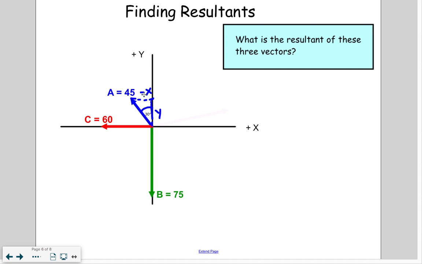And so therefore I'm going to go ahead and solve these using sine and cosine. Remember the hypotenuse, whatever the vector is given as, that's always going to be written on the hypotenuse. I'm going to use the shortcut or shorthand method for this one. So I'm going to say that the x component for the blue is going to be negative, hypotenuse, which is 45, times, in this case, would I use sine or cosine for the x?